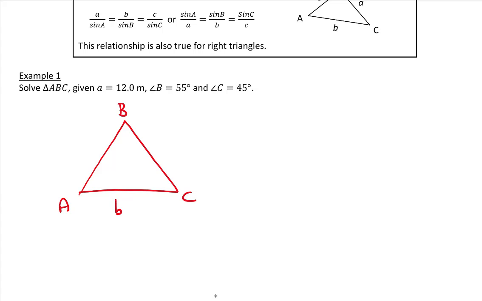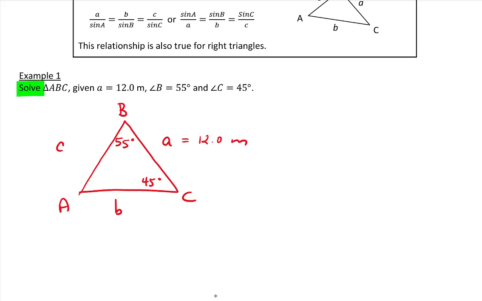We know this would be side B, because it's across from angle B. This would be side A, because it's across from angle A. And this would be side C, since it's across from angle C. Including the information that was given, we know that side A is 12.0 meters, angle B is 55 degrees, and angle C is 45 degrees. The question asks us to solve, so that means determine all side lengths and all angles.